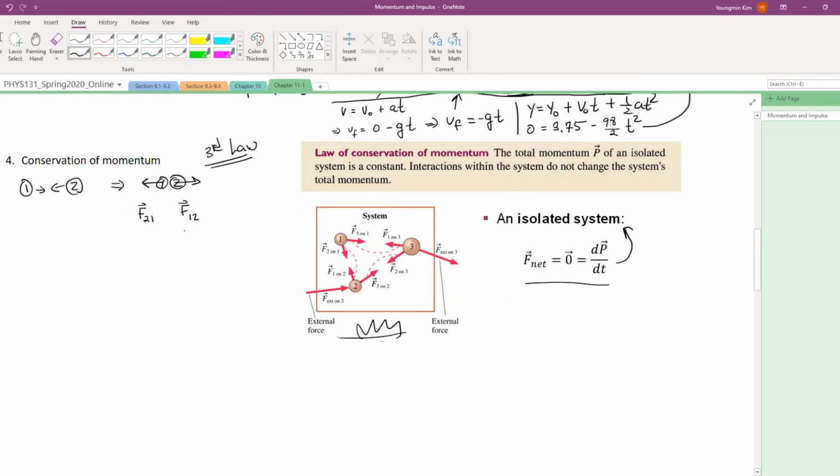That these are action and reaction pairs, and if I consider force 2-1 to be negative because it's pointing to the left and the other to be positive, they have equal magnitude but opposite directions. This is Newton's third law. Now, if I add force 1-2 plus force 2-1, what happens? These forces are equal in magnitude but opposite in direction, so that will be equal to 0.